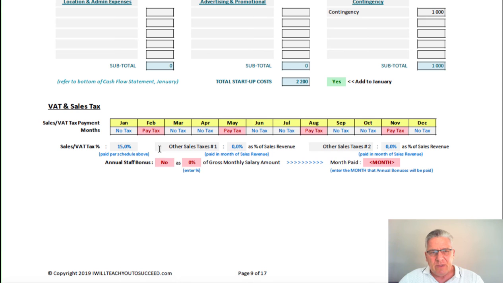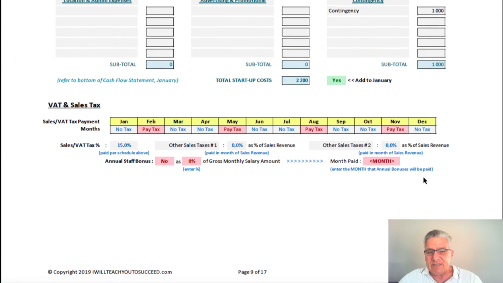We told Plan100X that we're going to be only paying tax every quarter, so we put February, May, August, and November as the payment months. We then put in 15% VAT, value added tax, and we had 0 in for any other sales taxes, and we decided we are not paying bonuses.